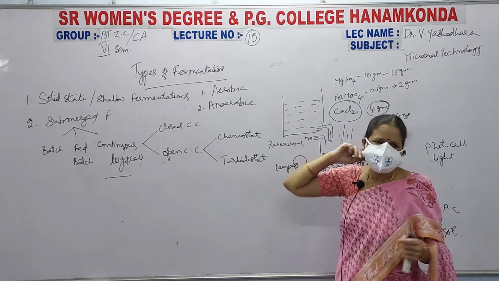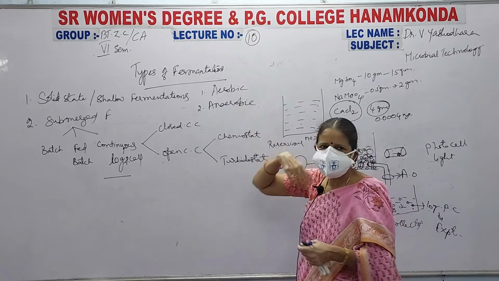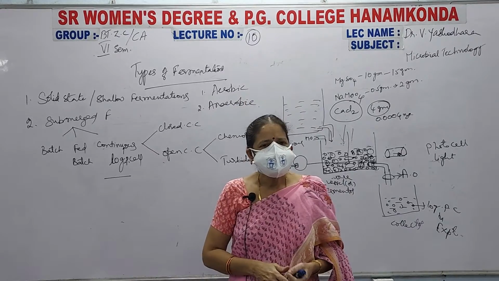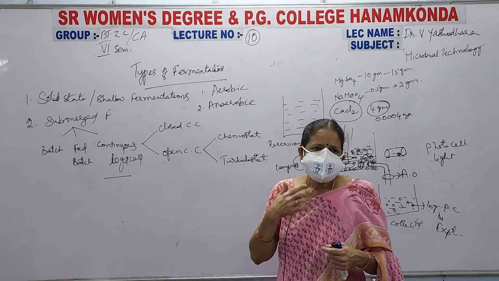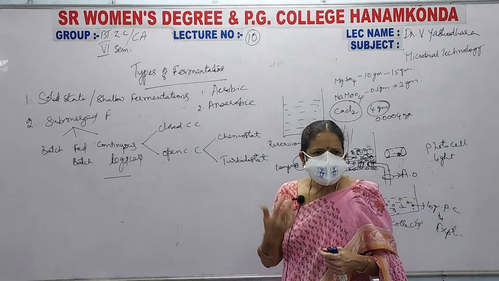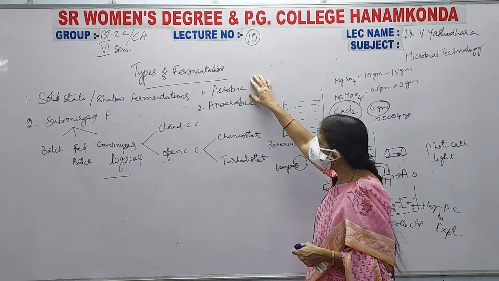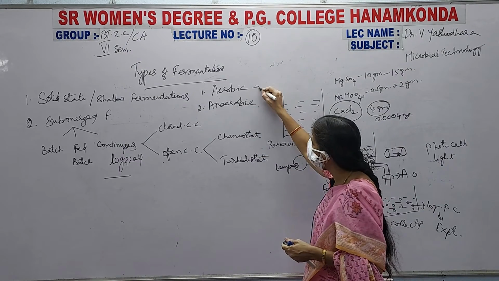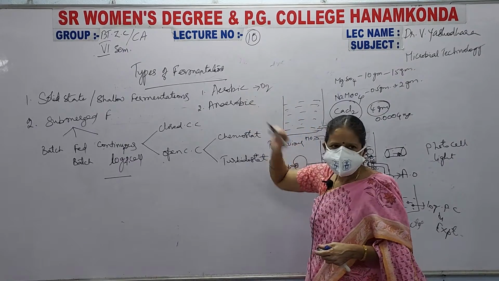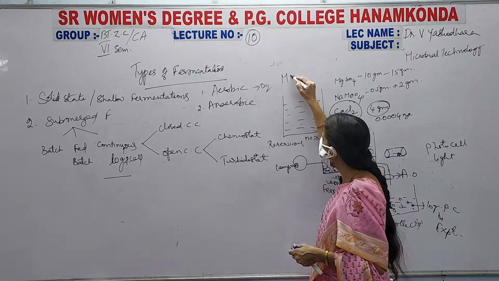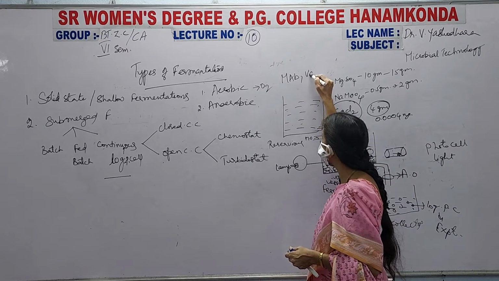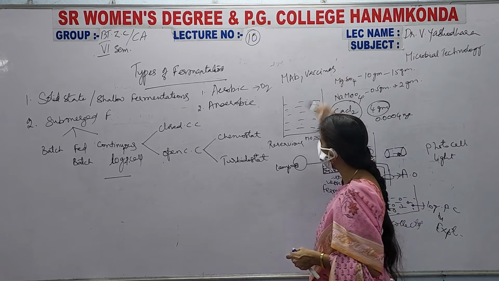If not, they are just like airlift fermenters. The air mixes the medium and the culture. The air uniformly mixes the medium and the microorganisms. This is where oxygen is used in the culture medium. This is known as aerobic fermentation. It is useful in the production of monoclonal antibodies, vaccines, etc.